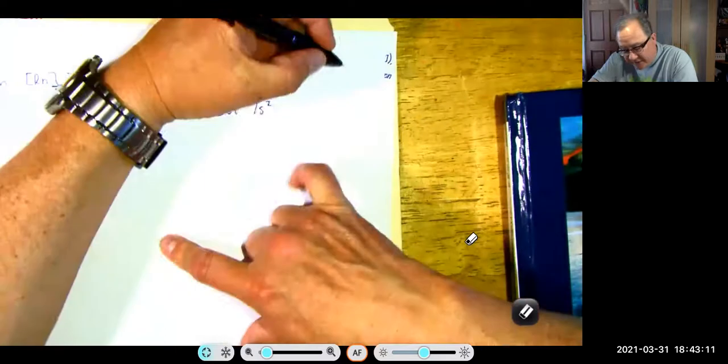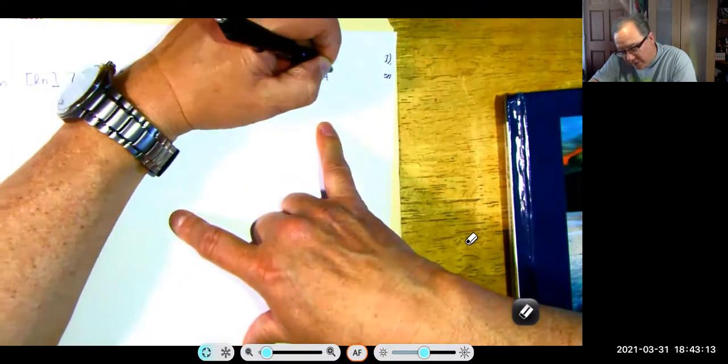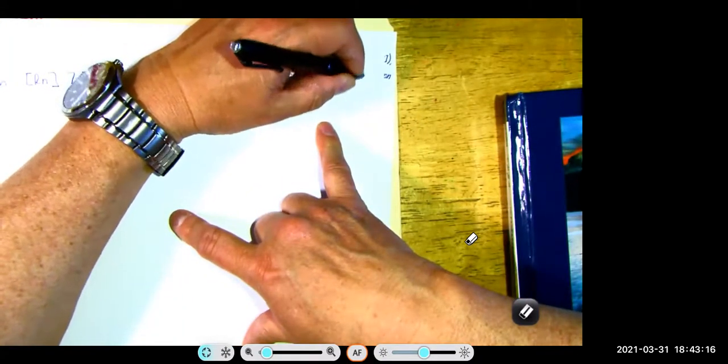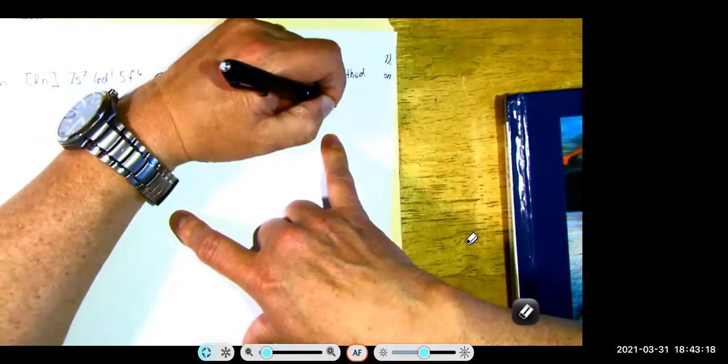So this is the SPDF method that we learned, right? And this is the real electron configuration.